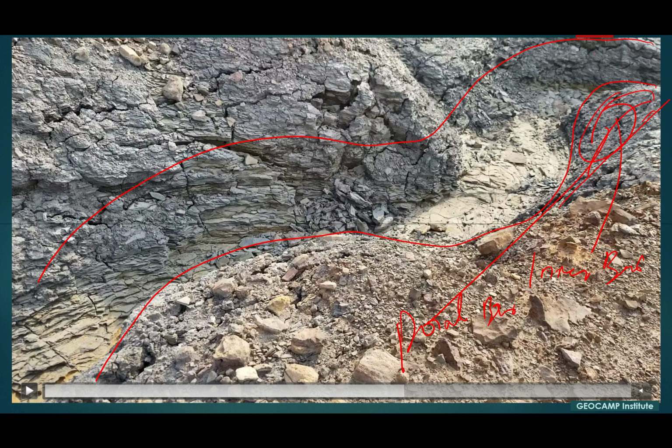And then right opposite it will be the outer bank, or cut bank.